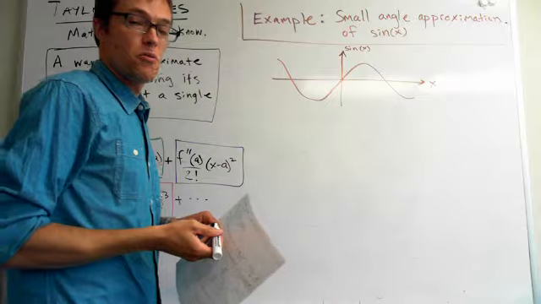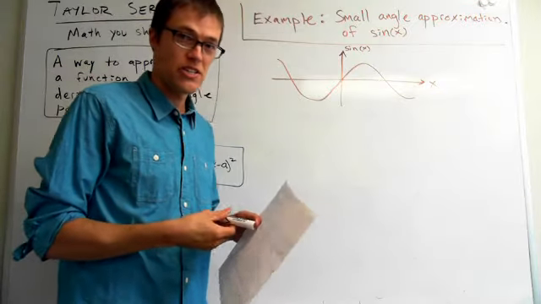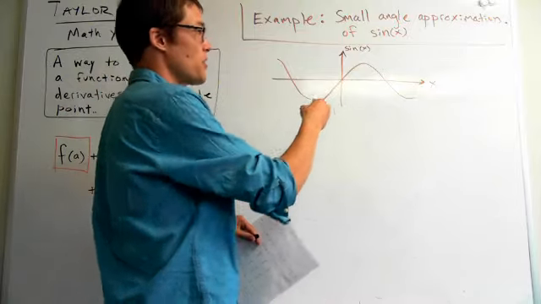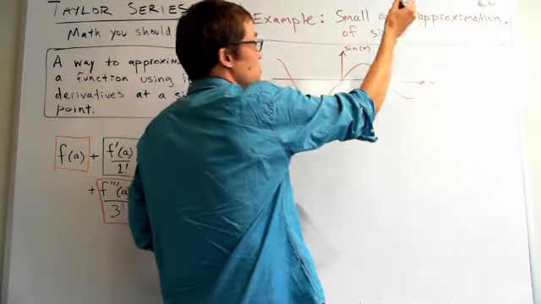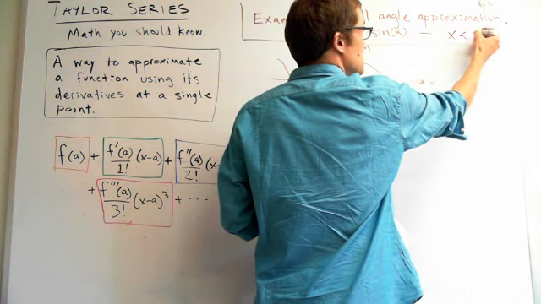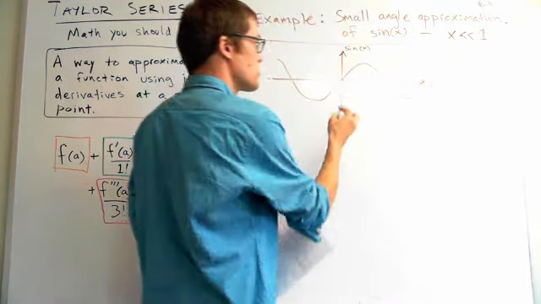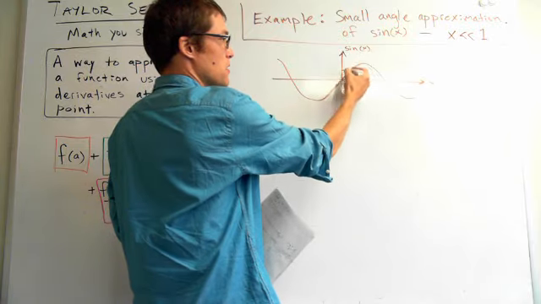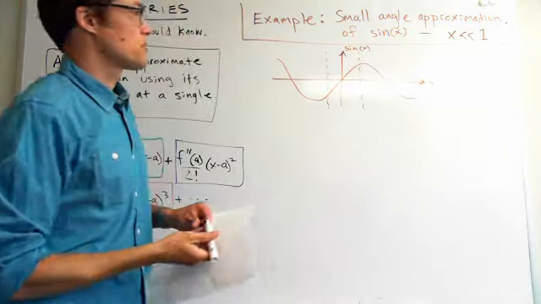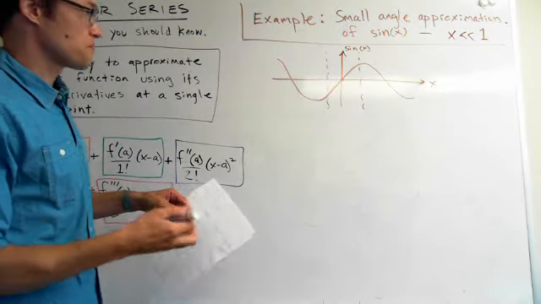That's what we're talking about when we're talking about the small angle approximation. That's saying x is small, x is much less than 1. So we're just in this territory around the origin. What does sine look like?